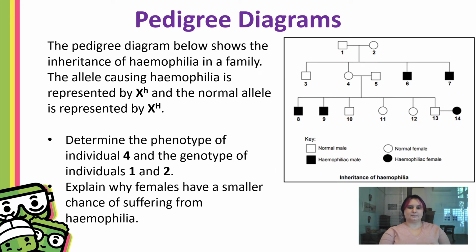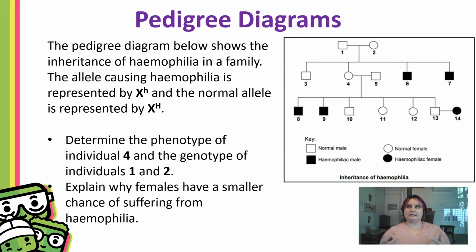Right, let's have a look at a pedigree diagram. All right, so a pedigree diagram is like a genetic family tree. So it's showing you the phenotypes of the individuals in this particular family. So in this case, if we look at our diagram here, it is showing us the inheritance of hemophilia.